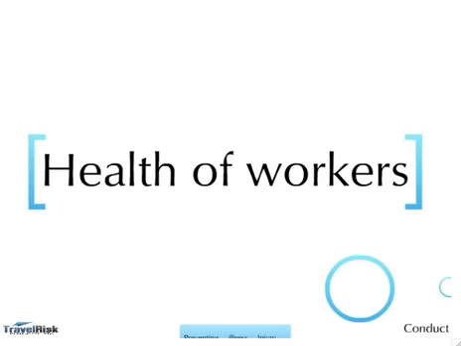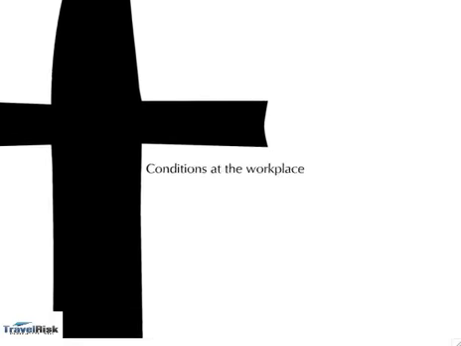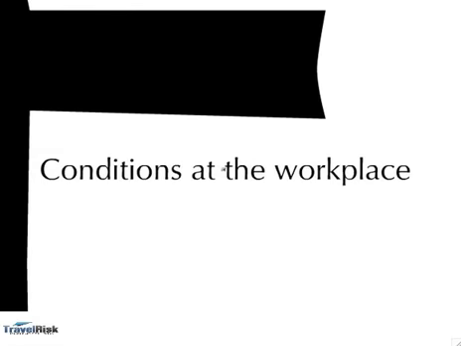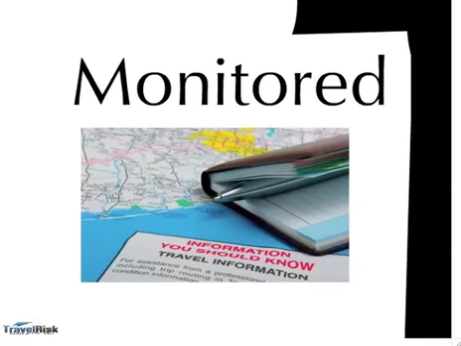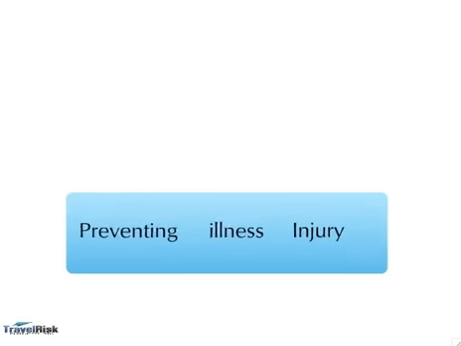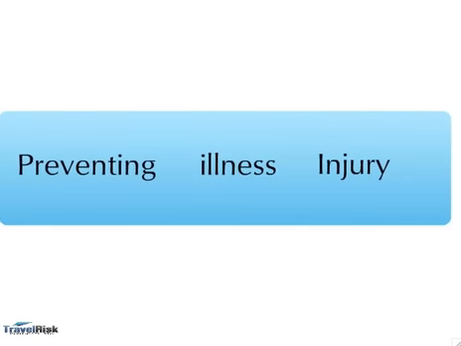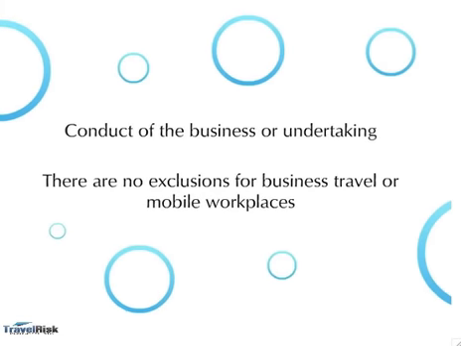And last but not least, the health of workers and the conditions at the workplace must be monitored for the purposes of preventing illness or injury of workers arising from the conduct of the business or undertaking.